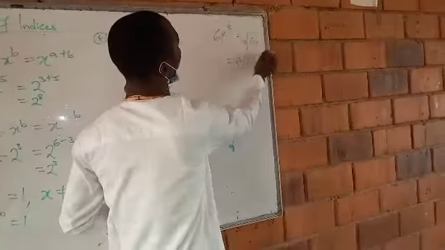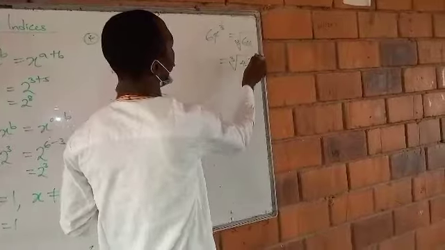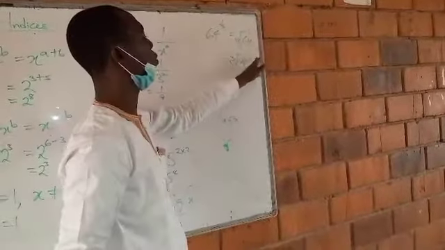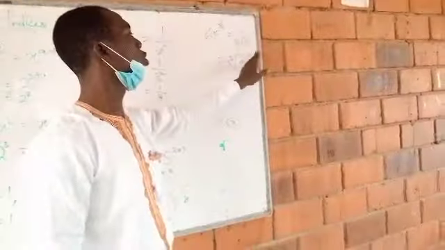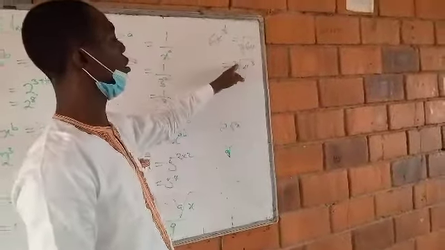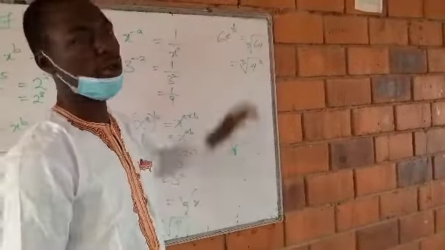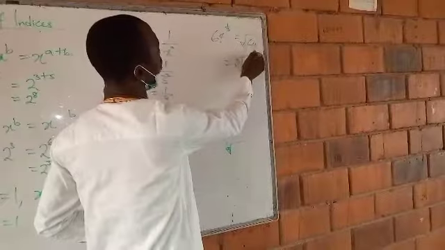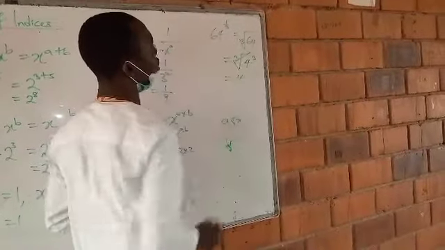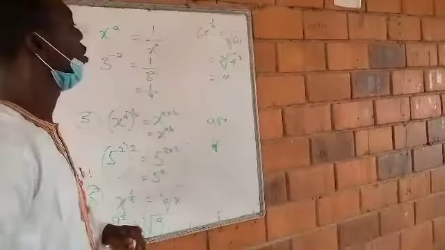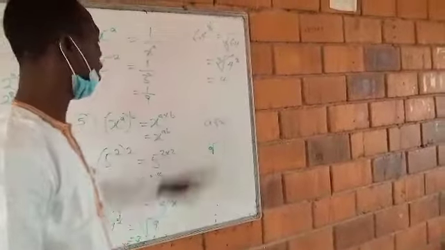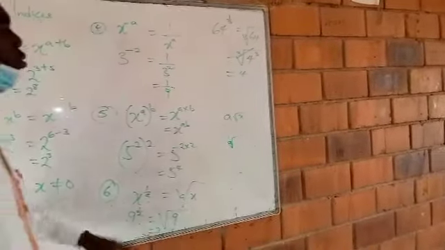That will be cube root of 4 raised to power 3, because 64 is 4 raised to power 3. So the index here and this have to be the same for us to cancel out this sign. So our answer is what? 4. That is how to apply this rule.